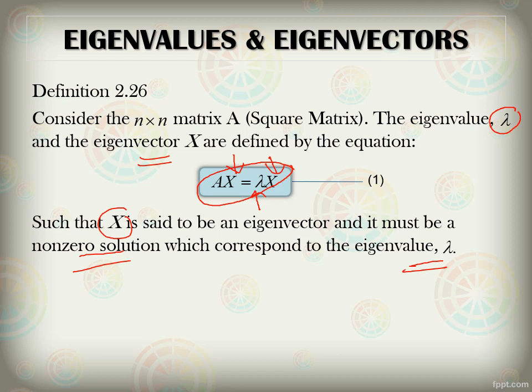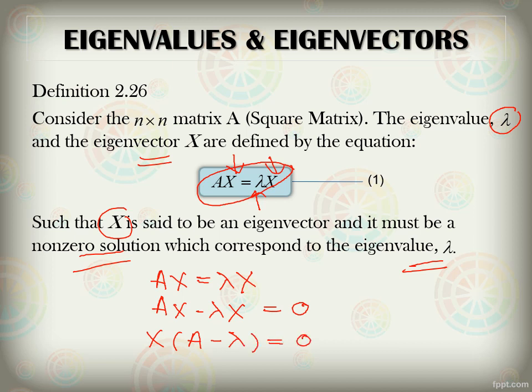Okay, so if we solve this, A x equal to lambda x, and we take the equation on the right side to the left side, we get this equal to 0. So we can factor the x, and we are left with A minus lambda in the bracket. When we solve this equation, we set our x to be non-zero.